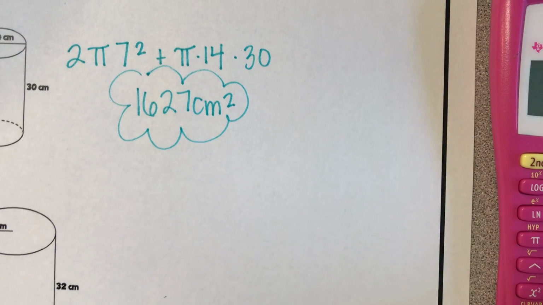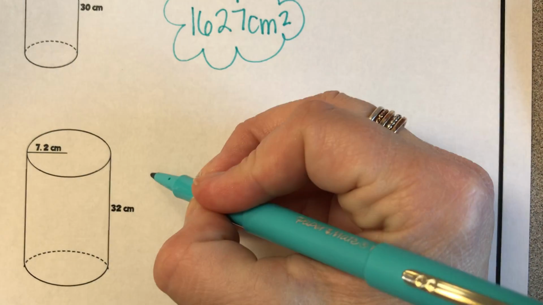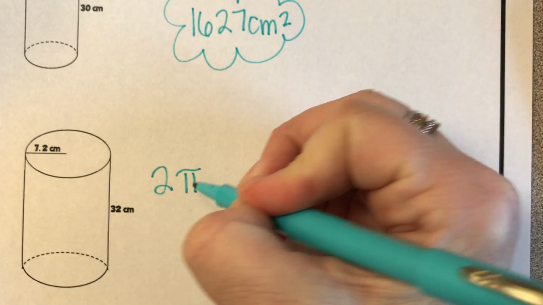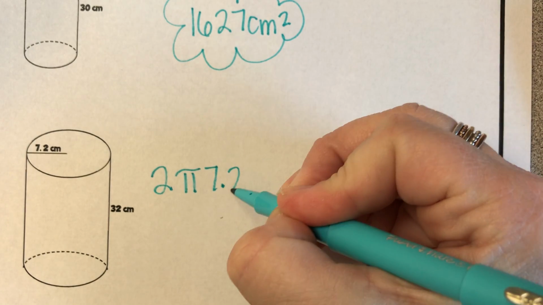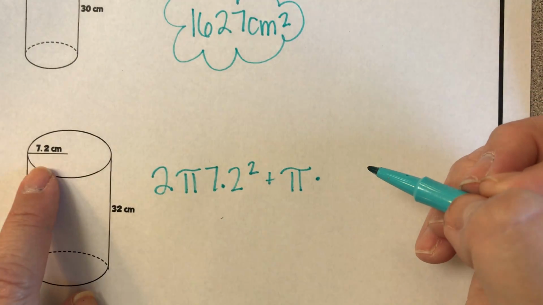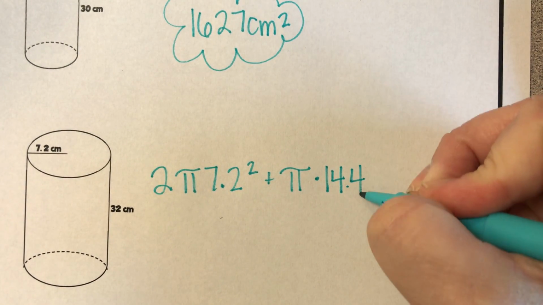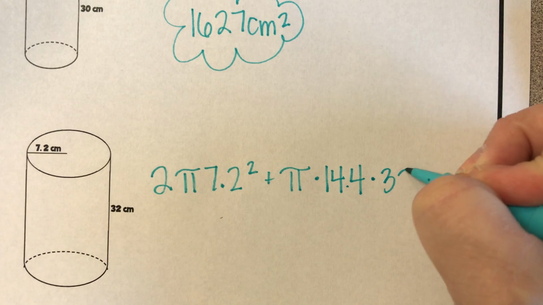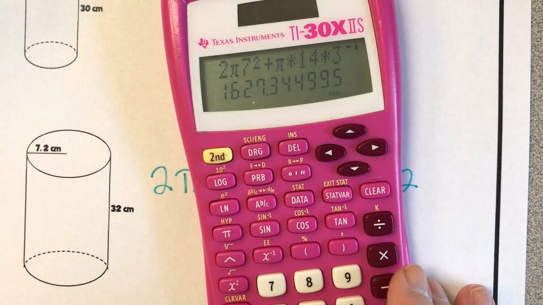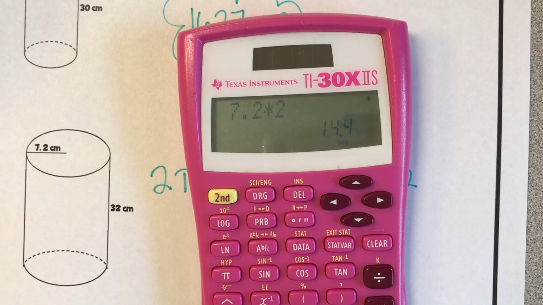On this next one, we're doing the same process. We're going to type in 2 times pi times the radius squared, plus pi times, if 7.2 is the radius, 14.4 is the diameter, times the height. If you're wondering where I got that, I just did 7.2 times 2.